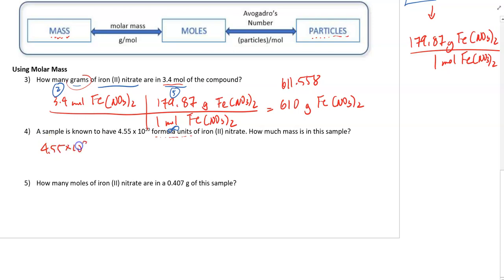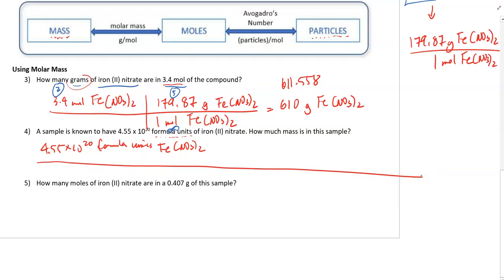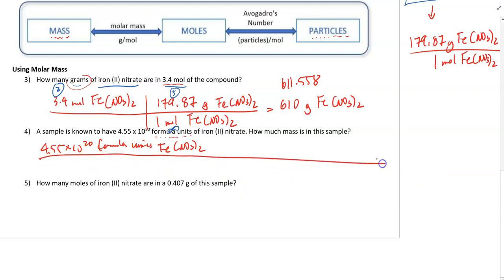4.55 times 10 to the 20th formula units of iron nitrate. I'm going to apply Avogadro's number, and that was not a very straight line. So then we go ahead and do 6.022 times 10 to the 23. And once again, we're going to apply the appropriate unit for this compound.